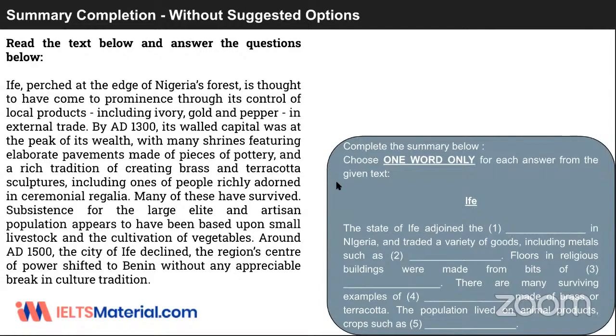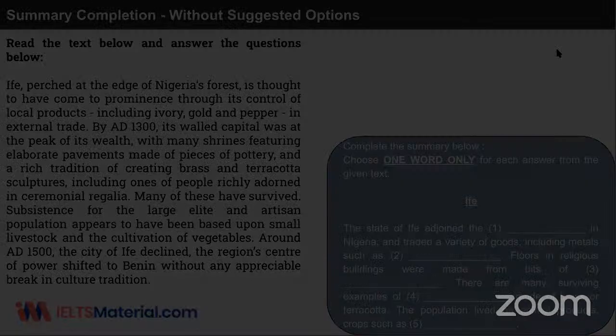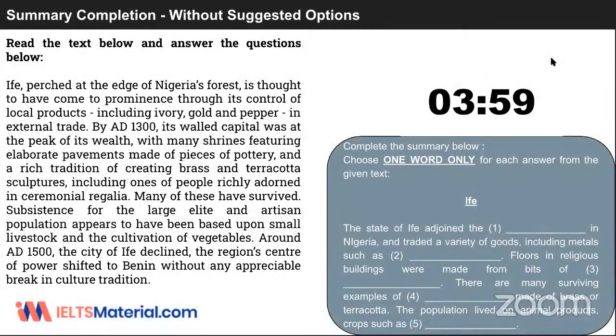So your time starts now. You can see that a timer has already been started. So please start doing the task, and you should be able to see the screen. So please start giving the answers. Already the time has started.